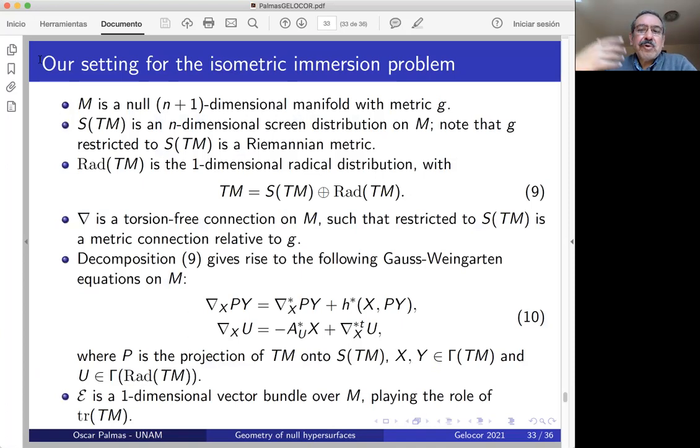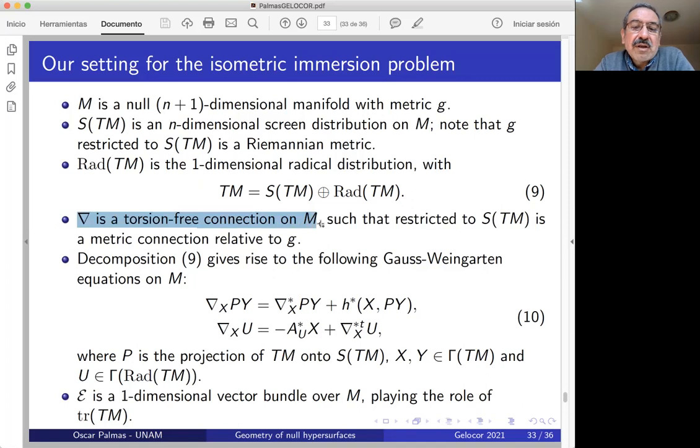So how can we express this isometric immersion problem, which is of course an abstract problem? We do that in the following way. We give a null manifold, a screen distribution, and a radical distribution, which also satisfies these kind of things. We give a torsion-free connection.